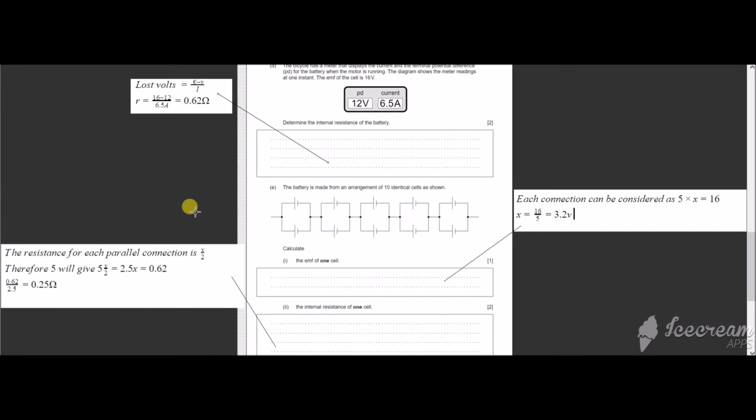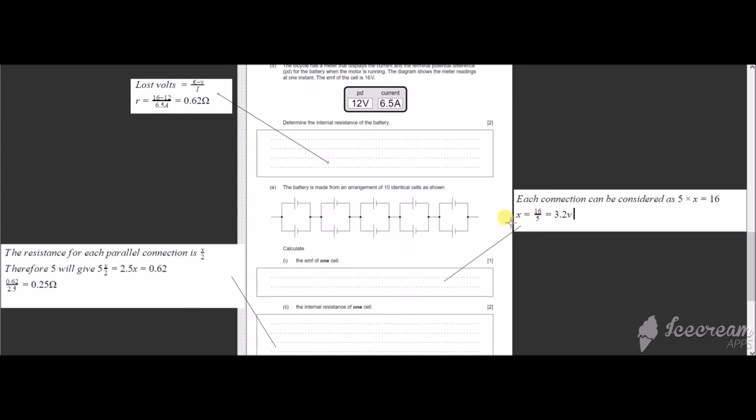As for E, the battery is made from an arrangement of 10 identical cells as shown. Calculate the EMF of one cell. So each connection here can be considered as 5 times x, and that is equal to 16, because the EMF of the battery is 16.